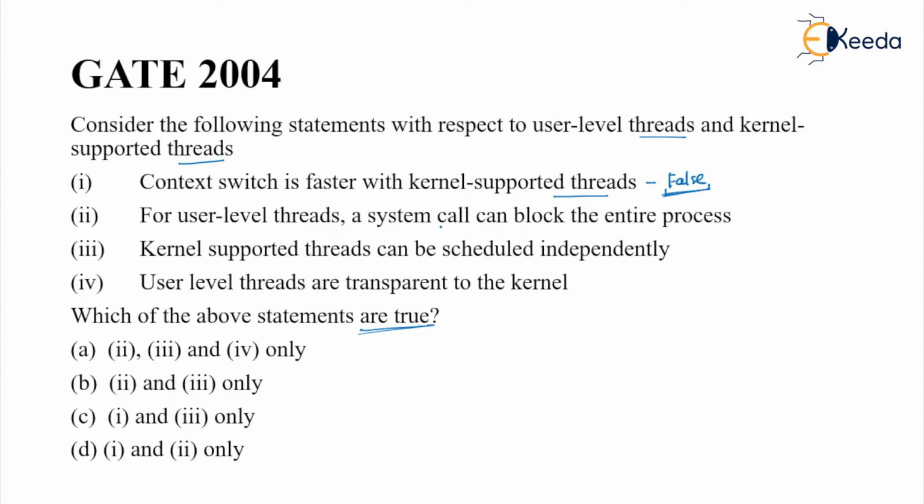For user level thread, a system call can block the entire process. This is true because user level threads are transparent to the kernel. It doesn't see them as separate processes, but as a single process, and it can block the entire process.